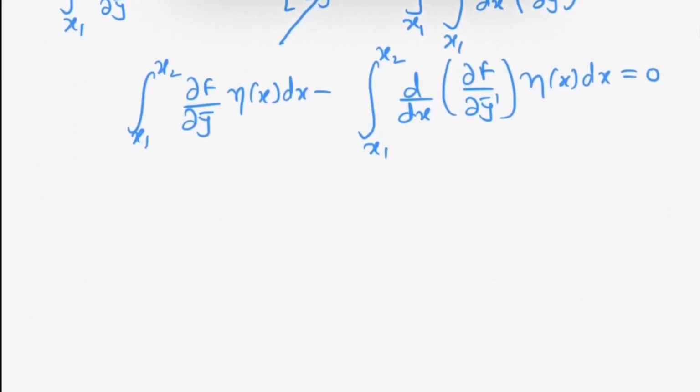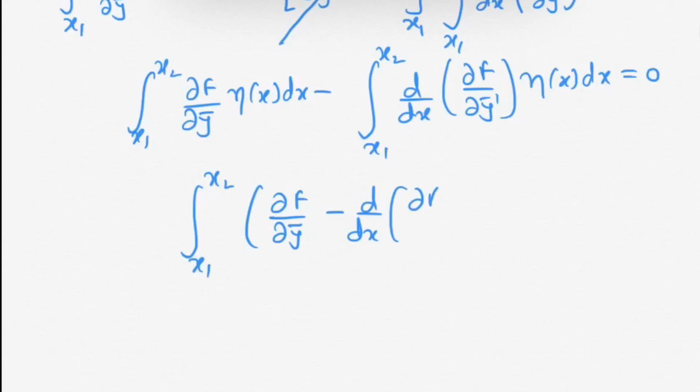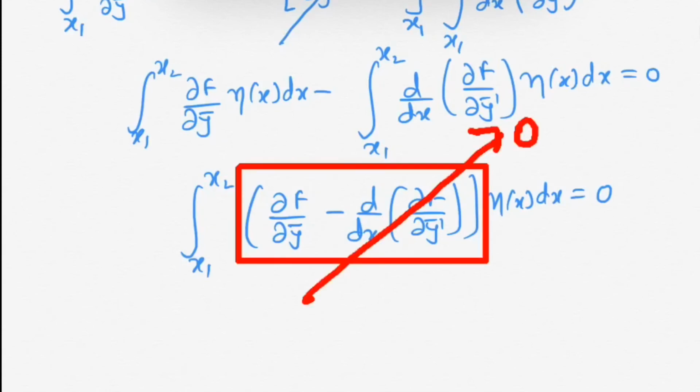We can write this as integration x1 to x2 of del f over del y bar minus d over dx del f over del y bar prime, into eta x dx, equals 0. This integral will only be 0 when this factor goes to 0.